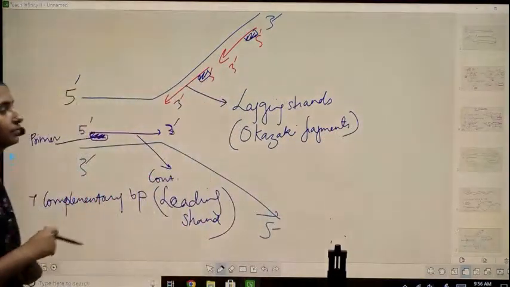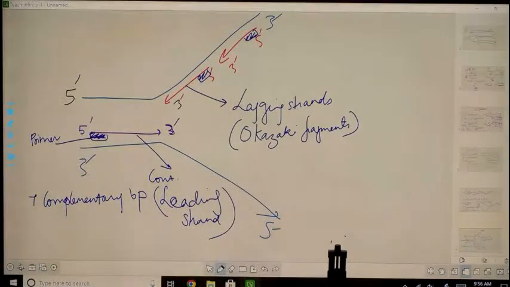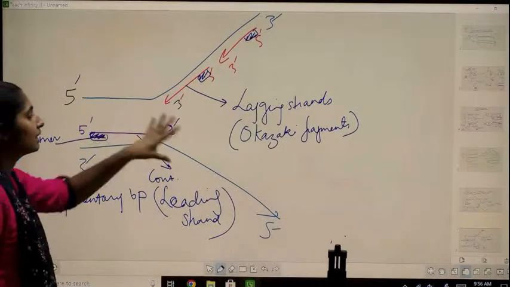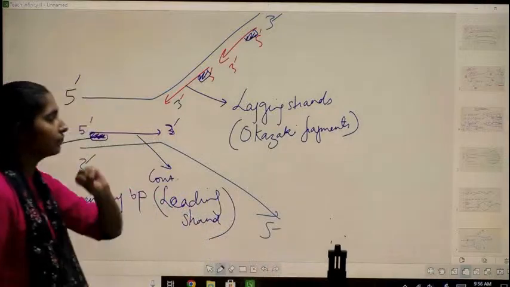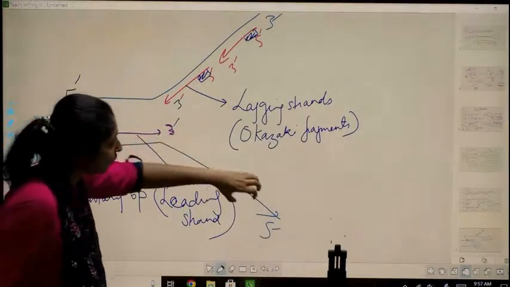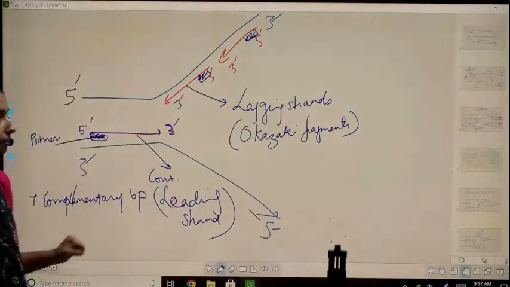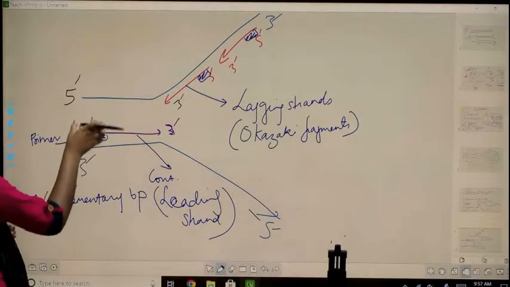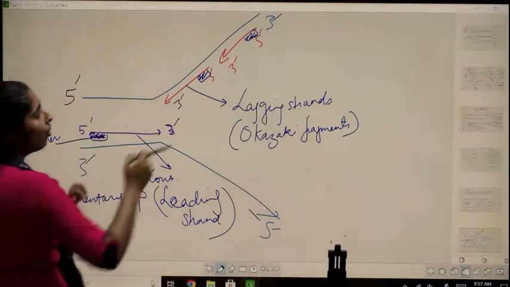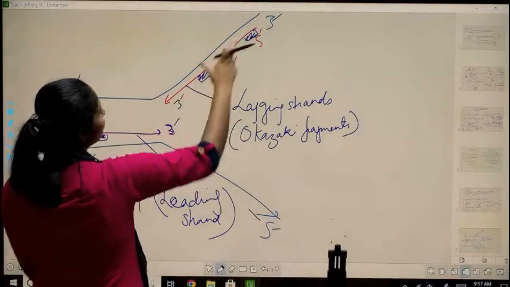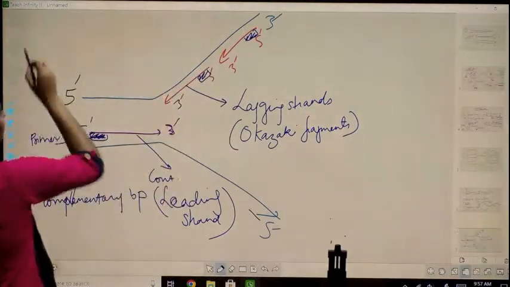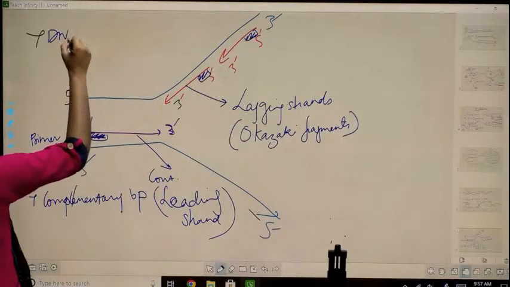Once DNA replication is complete, we have DNA polymerase that is going to polymerize the whole chain. Once the replication is complete, this primer region is removed, and after that, all these short stretches are joined together by DNA ligase.